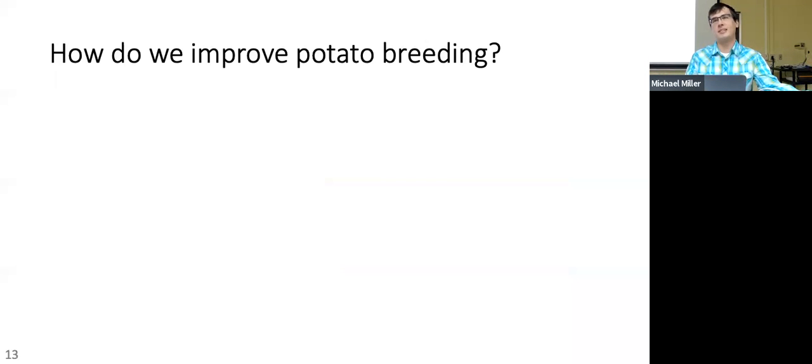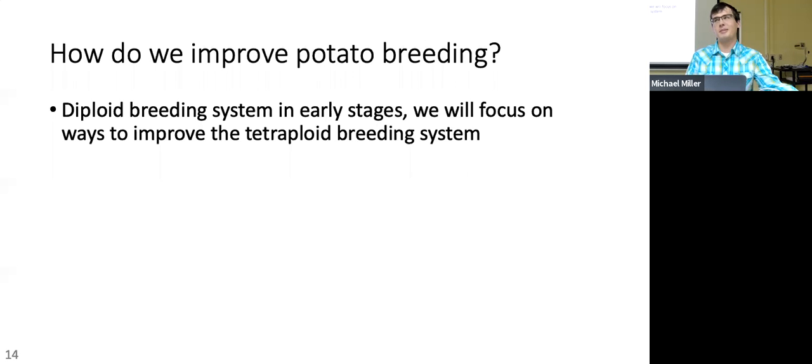So you can see the same thing in potatoes then, right? Well, maybe, but that's really going to be many years from now. So we're just going to look at how we can improve the tetraploid breeding system.